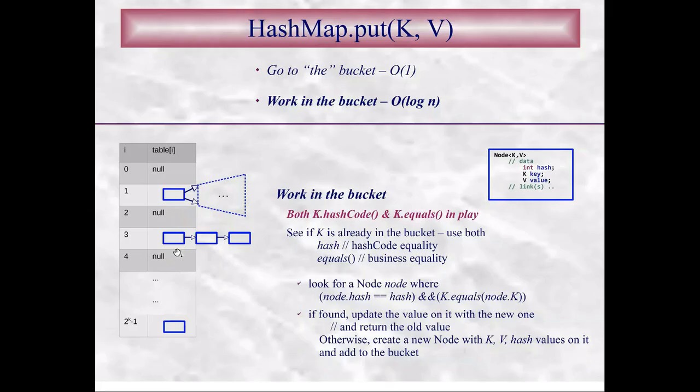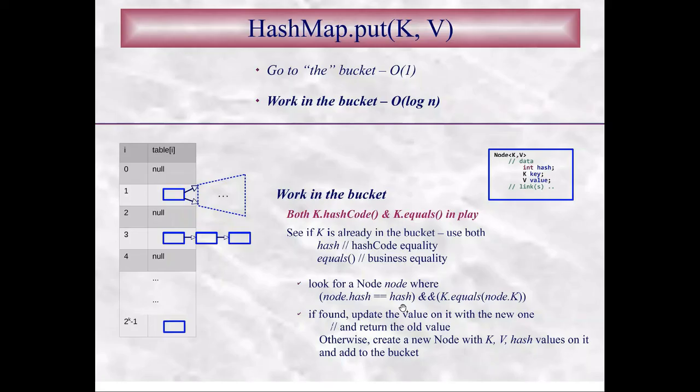So for that, it has to search through these nodes to see the key values, whether they are equal to the one passed in. Now, for that comparison, it also uses the equals, business equality of the key objects, as well as the hash. It first checks the hash on the node of this key and the one passed in.